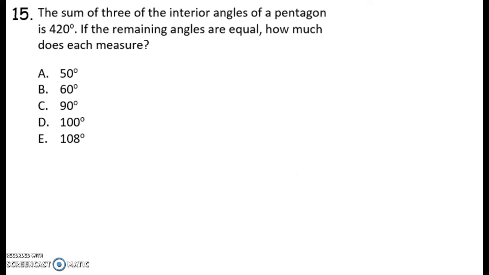In 15 it says the sum of 3 of the interior angles of a pentagon is 420 degrees. Remember, pentagon, 540 total degrees. So I know that if 3 of them equal 420 degrees, if I subtract that off, I am left with a total of 120 degrees for the remaining angles.